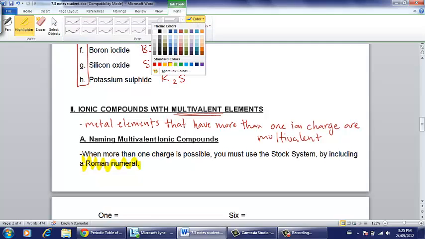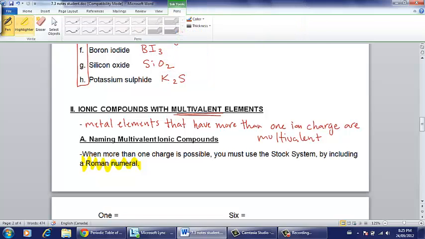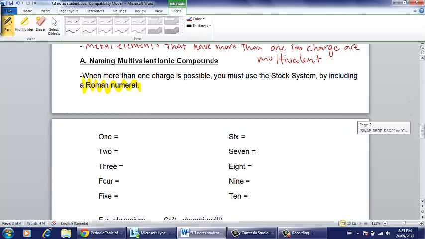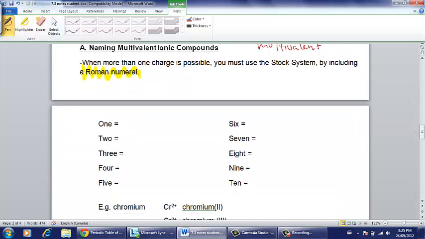So you are going to have to learn the Roman numerals for any situation you could encounter. So I'll just go through and list them here.